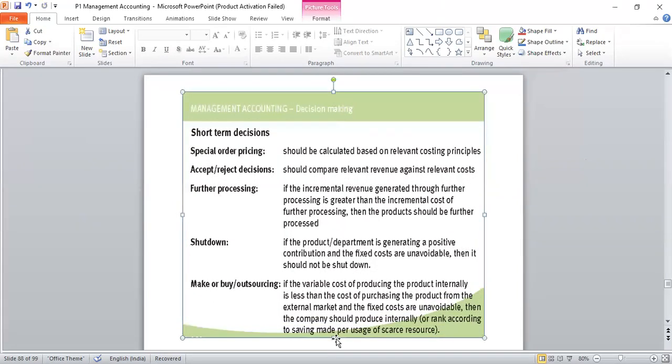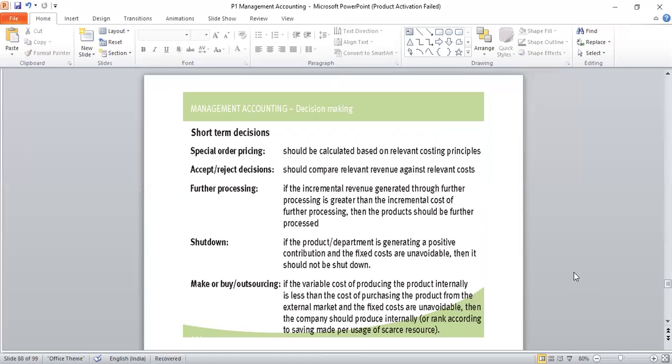The first one we see is special order pricing, then accept or reject decisions, further processing, shutdown, make or buy or outsourcing, then limiting factor. These are the decisions which have to be arrived at.